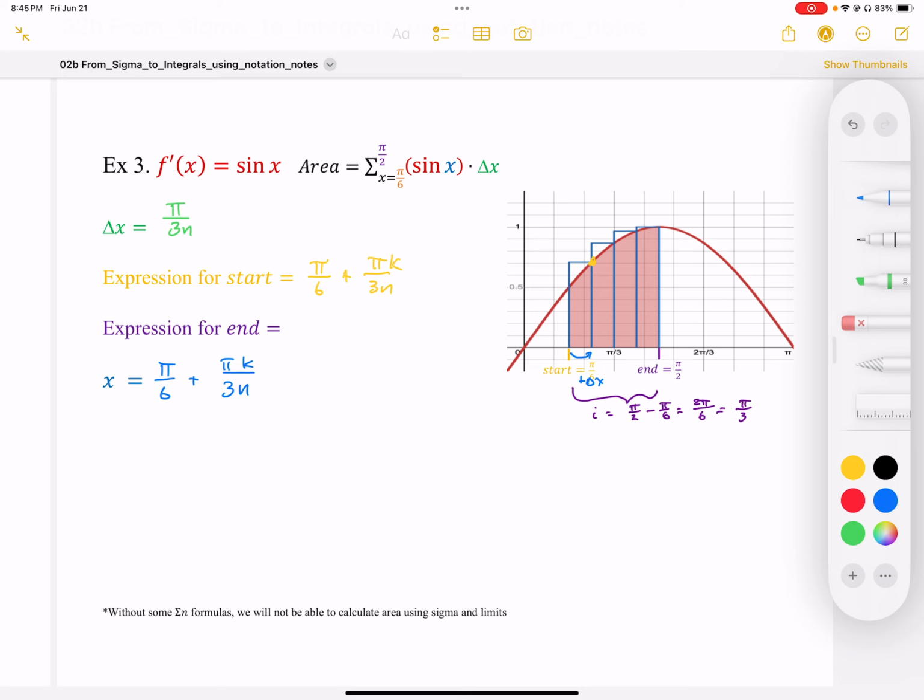Okay, so then I can show that for the starting value, we're going to use k equals 1, and that n is infinite if we are going to use an infinite n. Okay, and then this just works out to be pi over 6, which is my starting value. This is just confirming that that's my start point.